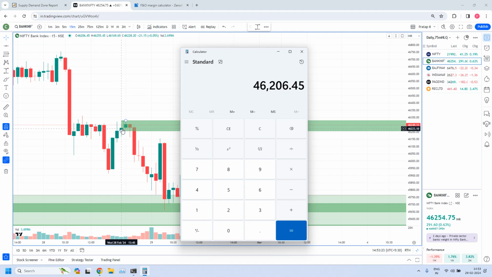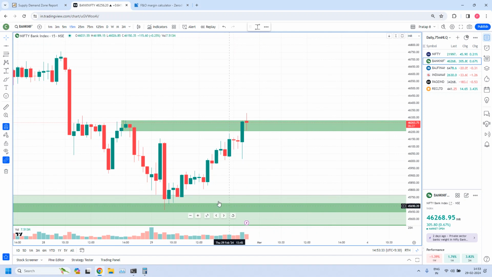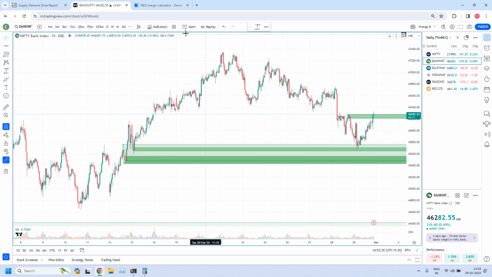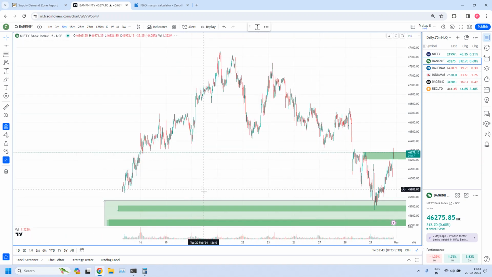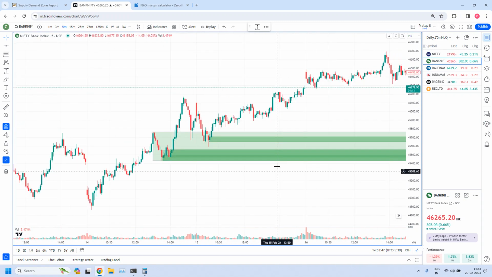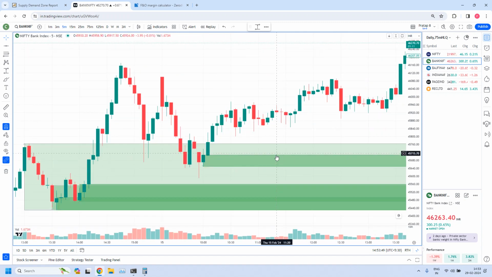This is the open. Yeah, 46,206.45. This is our target, minus the entry. The entry is here approximately, or let me go to 5 minutes and find the exact value. Let us do an exact calculation because this is the perfect trade.